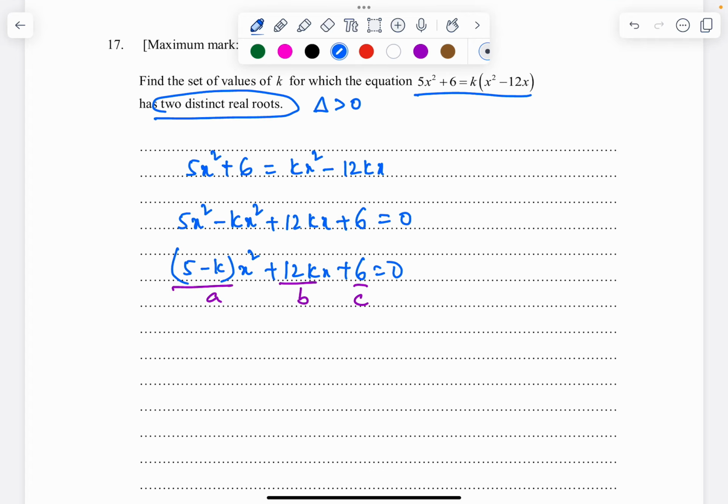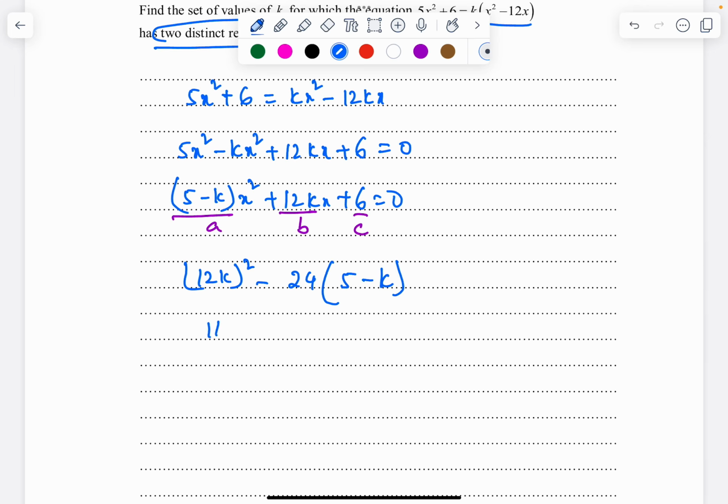So the discriminant is 12k whole square minus 4 times a, b, c. So I will write it as 4 times 6, which is 24, times 5 minus k. So 144k square minus 24 times 5 is 120, and plus 24k.